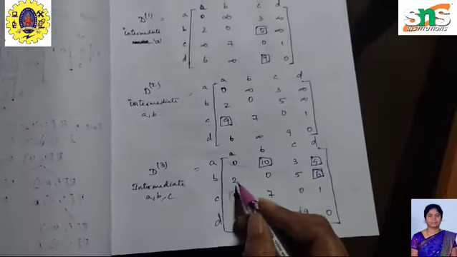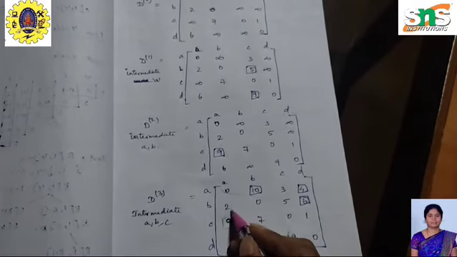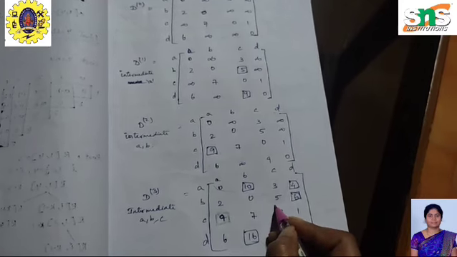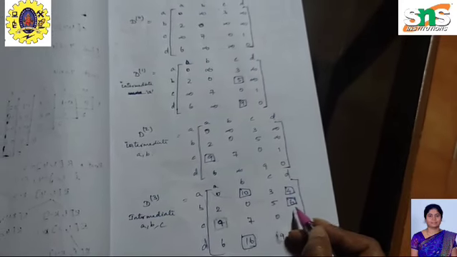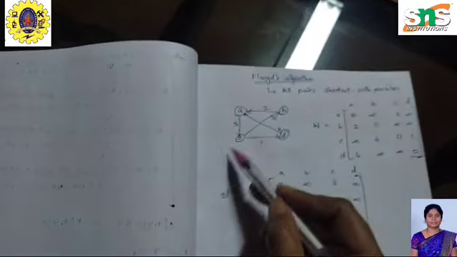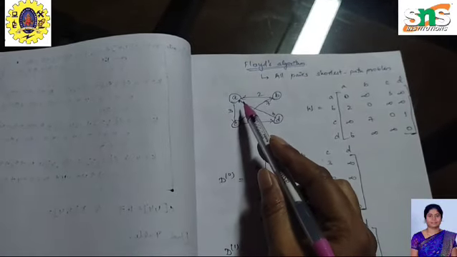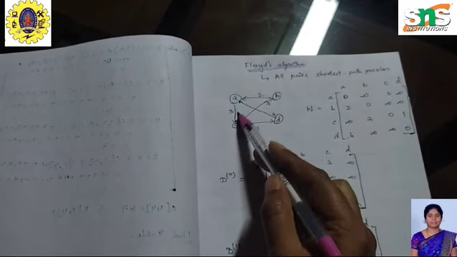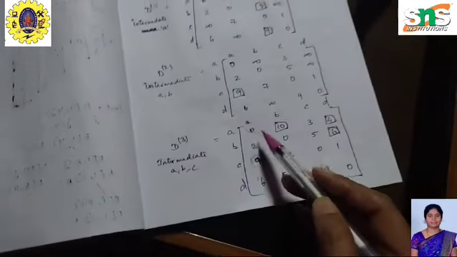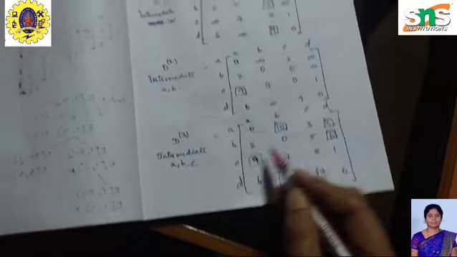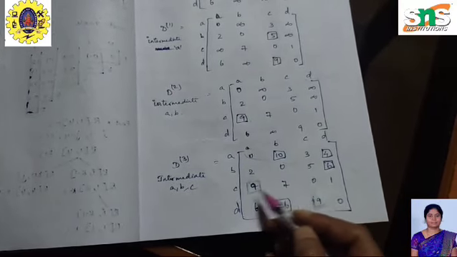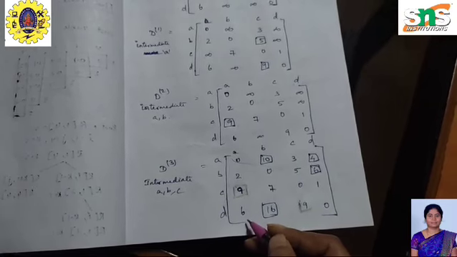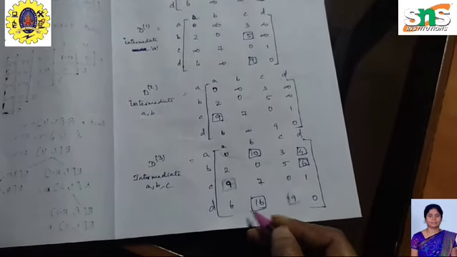For B to A it is 2, the same as the previous step, the diagonal is 0 and B to C is 5, as in the previous one. And for B to D, from B I can go to A and then C and then D. So 5 plus 1 is 6, so here it is 6. The next entries are the same as the previous step, and where the same value is obtained I mention the same value.